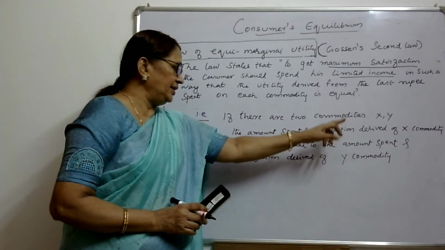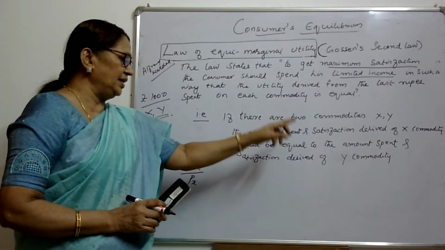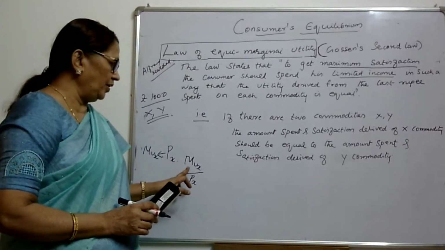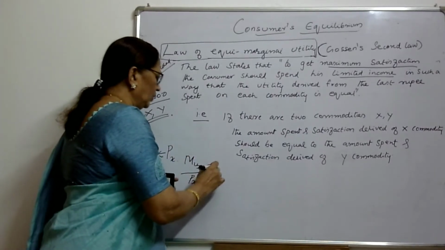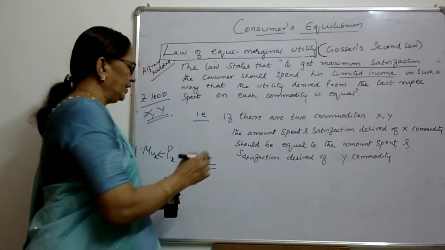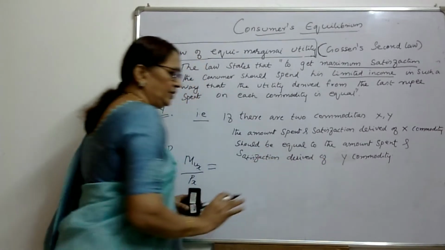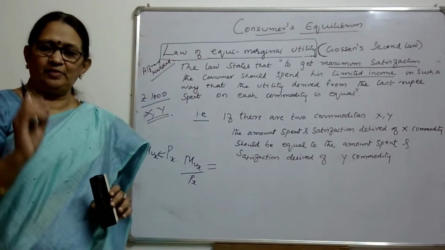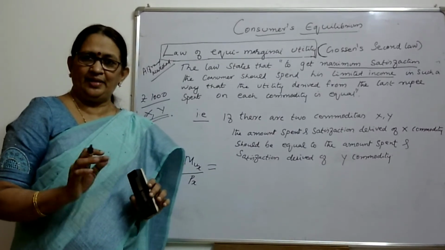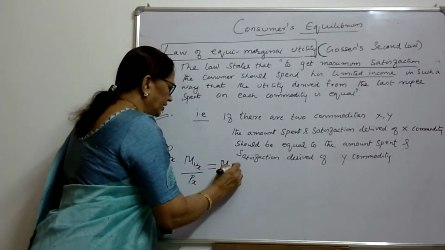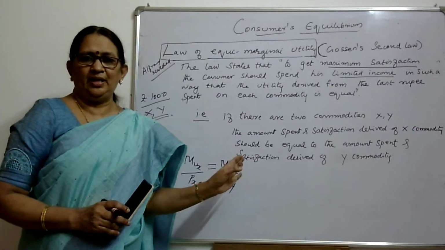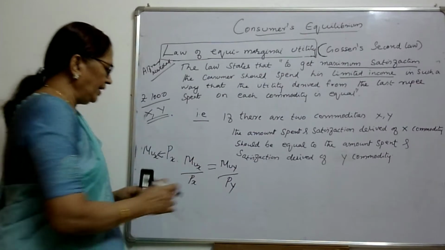Then what is the condition here? If there are two commodities X and Y, the amount spent and satisfaction derived for commodity X should be equal to the amount spent and satisfaction derived for commodity Y. That means the ratio of marginal utility of Y and price of Y, that is, by spending money on commodity Y, how much satisfaction the consumer derives. So MUx by Px should equal MUy by Py.